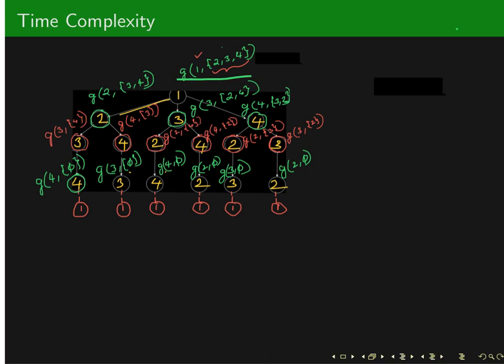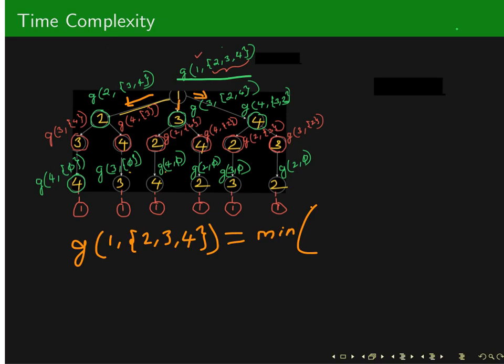So I can write g of 1 comma 2 3 4 can be recursively defined as the minimum of... we know that there are 3 choices which we have done in our example. We can either choose this path or this path or this path. So we have to find the minimum of that.